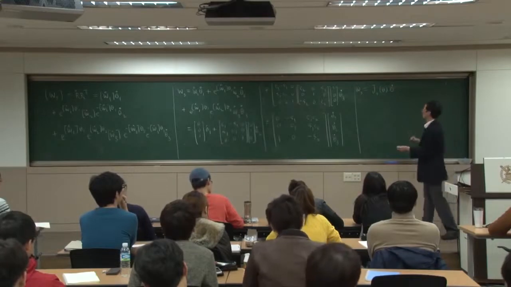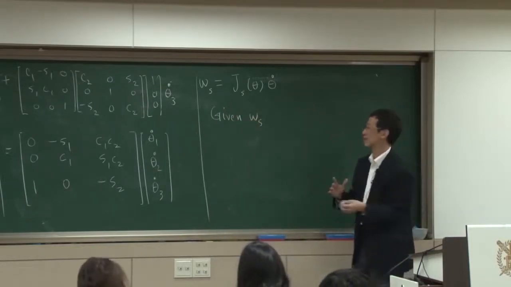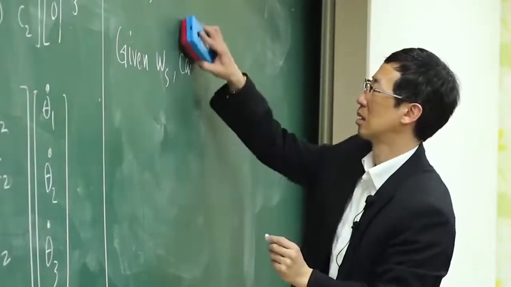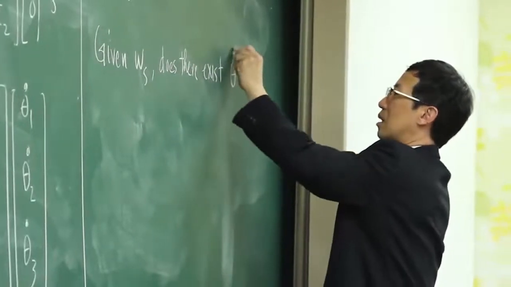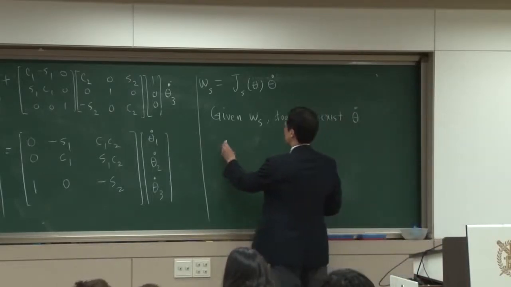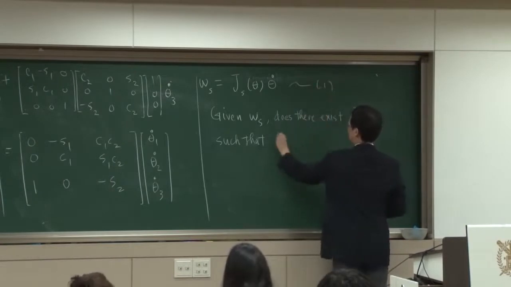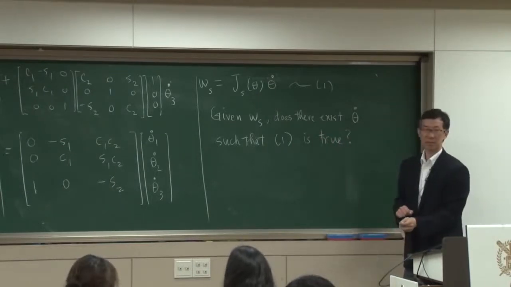So, given some desired omega s, does there exist theta dot that generates that desired omega s? Another way to say that, such that this is true. So this is asking, can this wrist mechanism generate any arbitrary angular velocity?